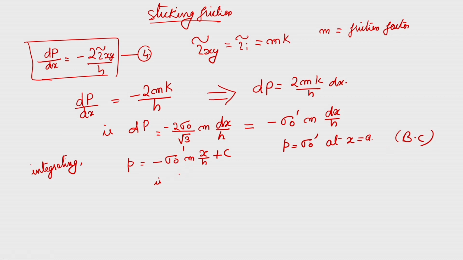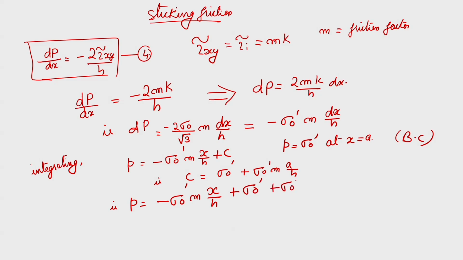From that we can write c is equal to sigma naught plus sigma naught into m into a by h. If you substitute that in this equation, we will write p is equal to minus sigma naught dash into m into x by h plus sigma naught dash plus sigma naught dash into m into a by h.